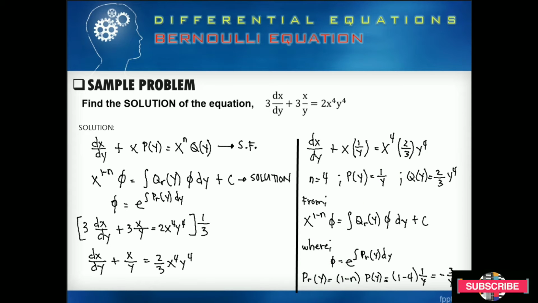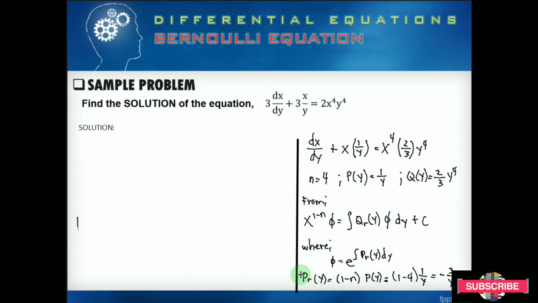Okay, so proceeding sa ating calculation, meron tayong p subscript r as a function of y, at ang susunod naman natin kukunin is yung q subscript r as a function of your y. Okay, so ang ating q subscript r as a function of your y is just equal now to, again, 1 minus n times ito namang q dito as a function of your y. Okay, so this is just equal now to 1 minus 4, okay?